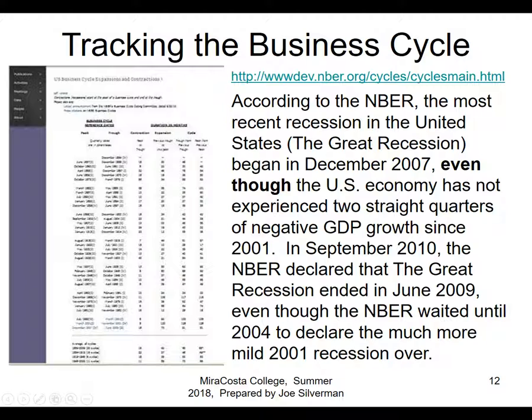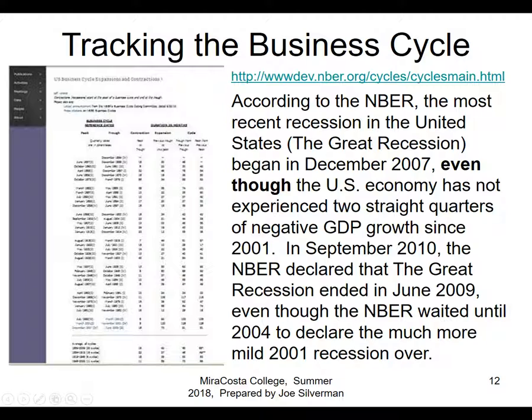According to the NBER, the Great Recession, the last one that we came out of, started in December 2007. Now, interestingly, they made that call even though in the fourth quarter of 2008 the economy had not suffered 2 straight quarters of negative GDP growth.